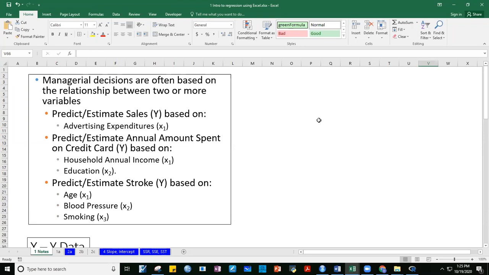So in business, for example, it's important to learn regression. As an example, when you want to establish the relationship between two variables, for example, sales and advertising expense. So you'd like to see whether these two are related. What's the relationship between sales and advertising expense?